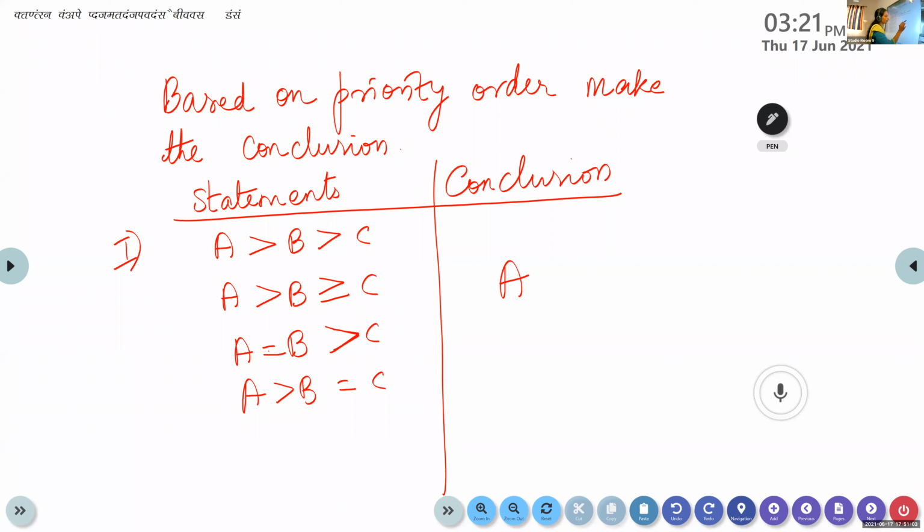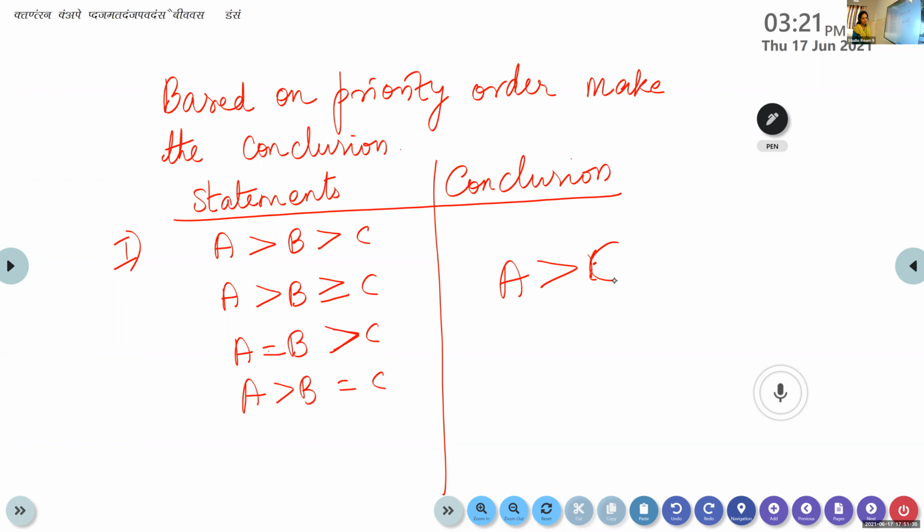Can we say A is greater than B in all the 4 cases? In all the above 4 cases, we can say, sorry, not B, C. A is greater than C. Is it satisfying? Look at here. A is greater than B. B is greater than C. So A is greater than C. Same way here, A is greater than B, but B sometimes may be equal to C. But from here, what is the conclusion we can take?